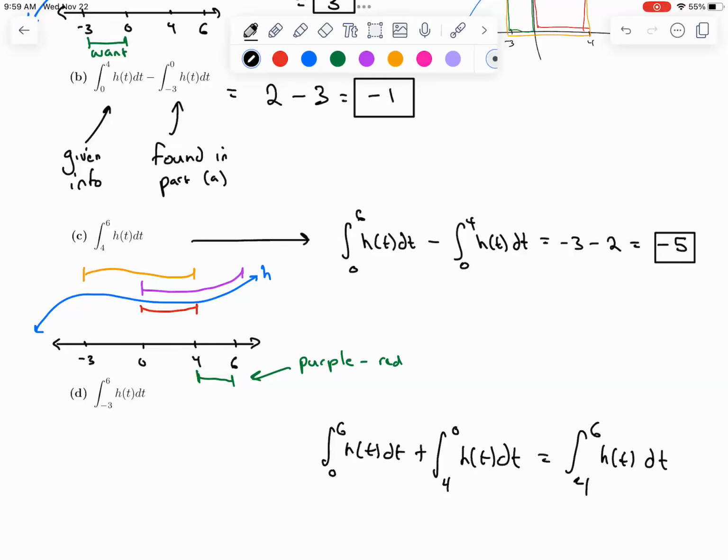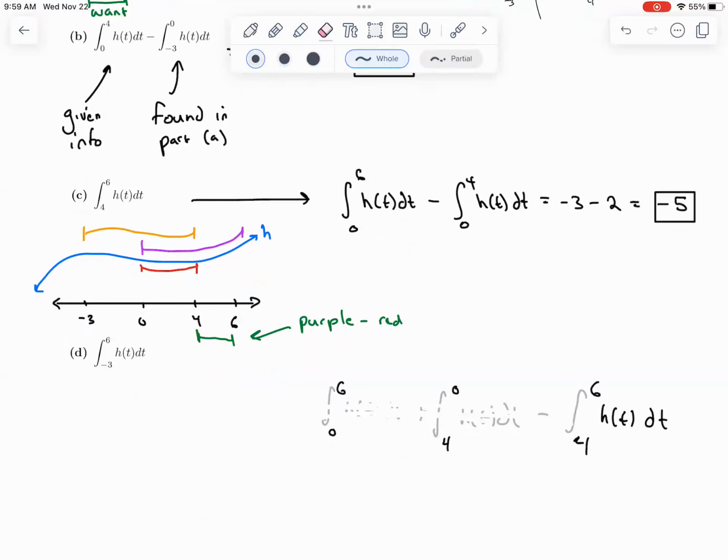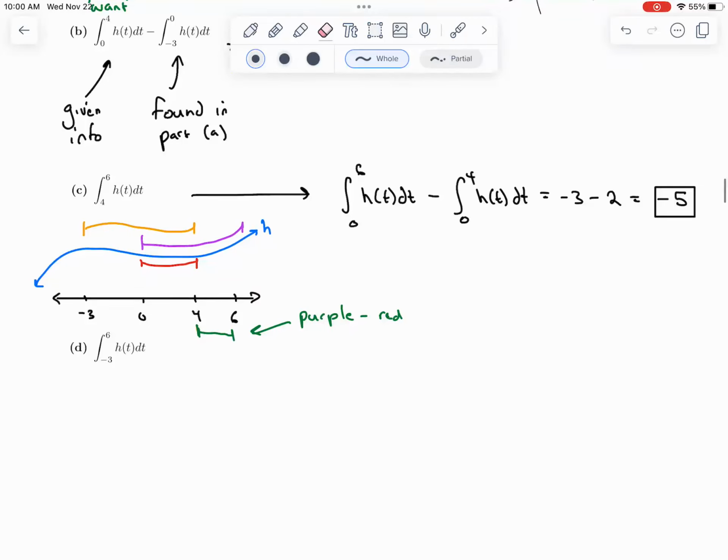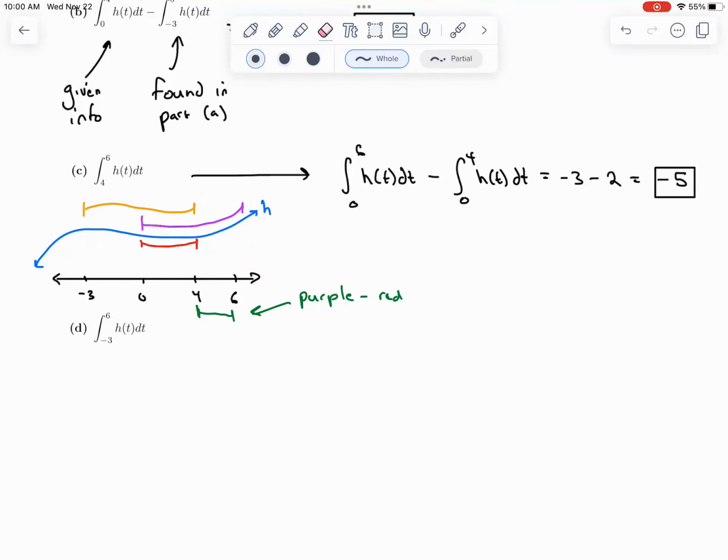So what I'm doing here is getting 4 to 6 by putting 0 in as an option and combining the two together. That's not the way I would do it, but it is something you can do. Upon saying that out loud, I realized that's not really that helpful, so don't worry about that. If it made sense to you, awesome. But you'd be the only one.